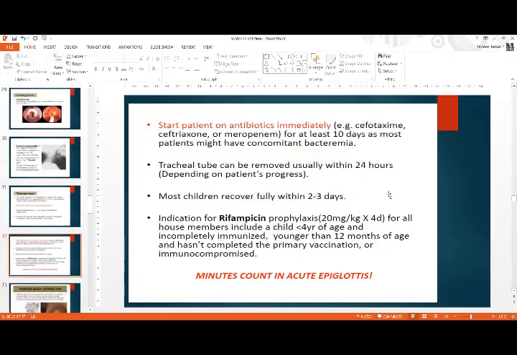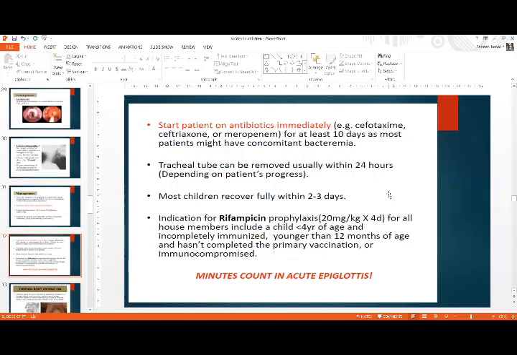Start the patient on antibiotics immediately for at least 10 days, as most patients have some concomitant bacteremia. Mostly we use cephalosporins, second or third generation cephalosporin, or meropenem. Most children recover fully within 2 to 3 days.